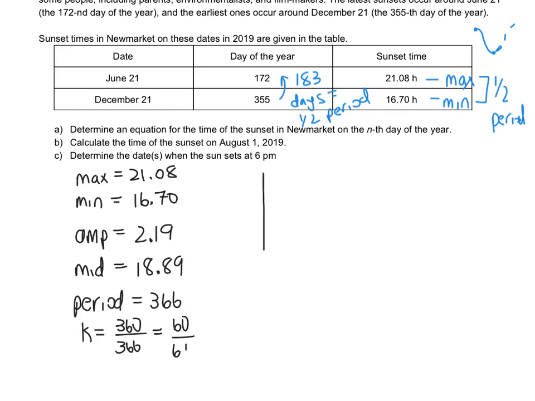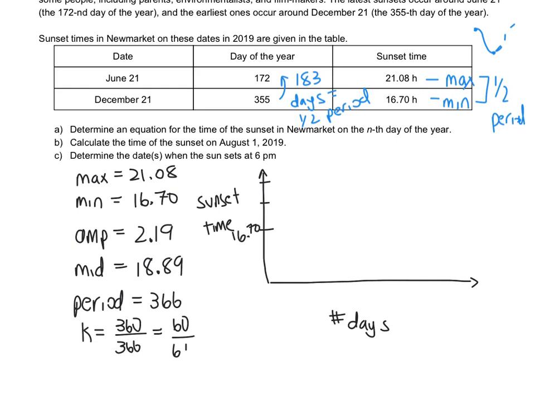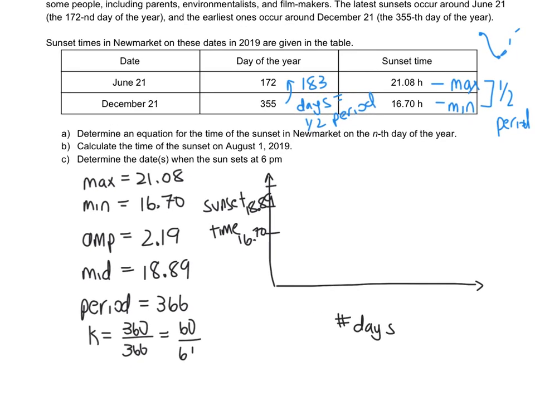So I'm going to go ahead and create a little scale here. So we have the number of days for our x-axis and sunset time for our y-axis. We know the maximum, we know the minimum, and we know the midline. So we can just put those into our scale. So the minimum was 16.70, the midline we calculated to be 18.89, and the maximum 21.08.